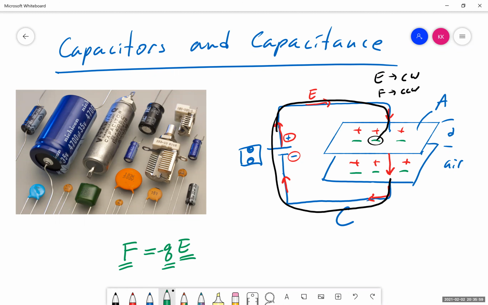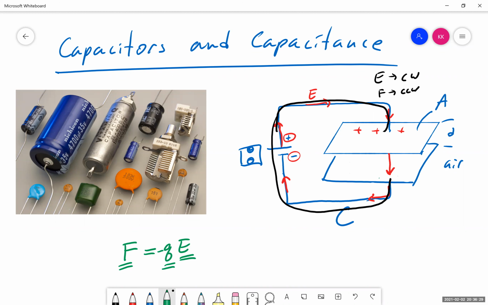So now this plate gains an electron, but the top one has lost an electron. Same thing with the second electron: it is pushed out from the top plate to the bottom plate, counterclockwise. Now I have two extra negatives, so those cancel each other, these two cancel each other, these two cancel each other.